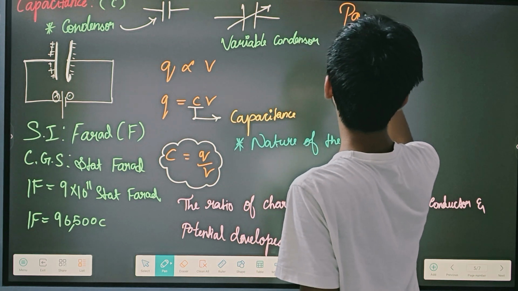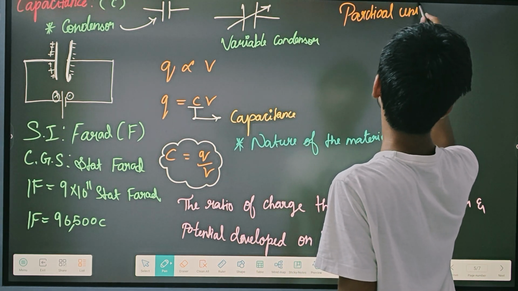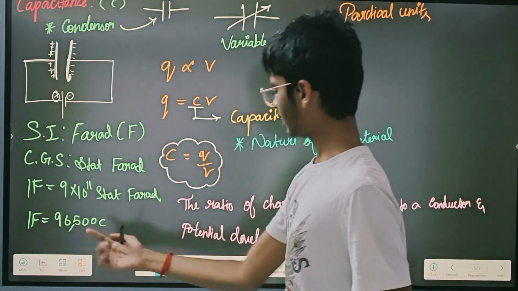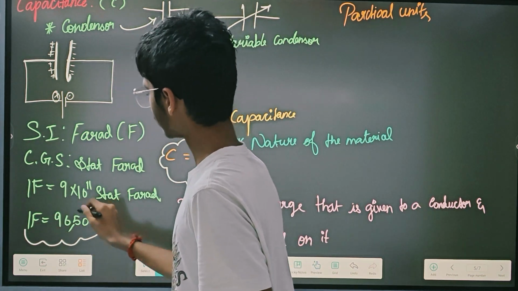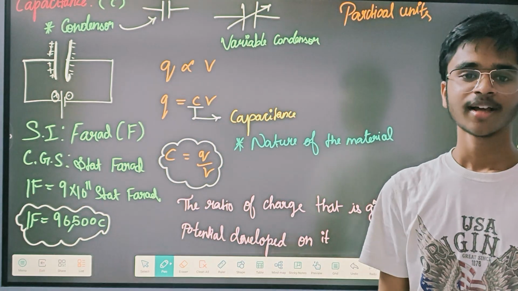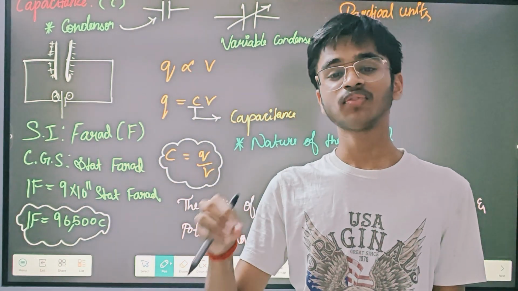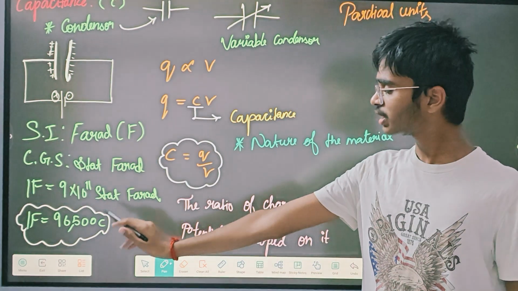What are the practical units? See, 96,500 coulombs is a very large amount of charge, so we will not be using this one.